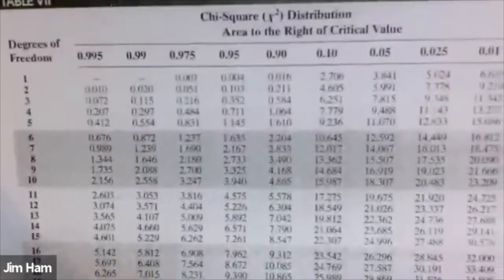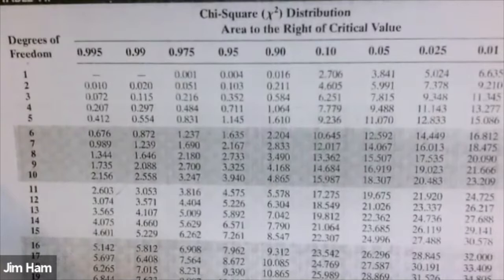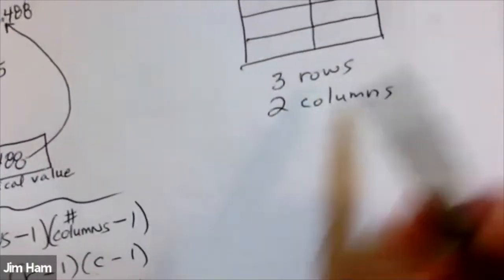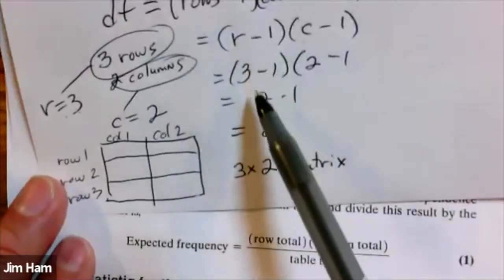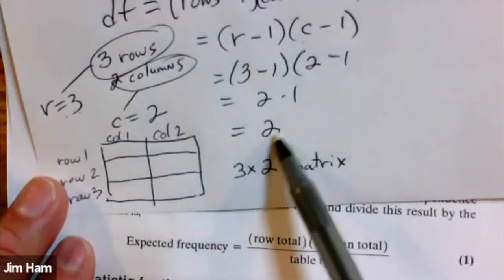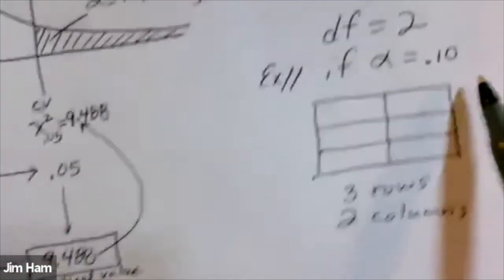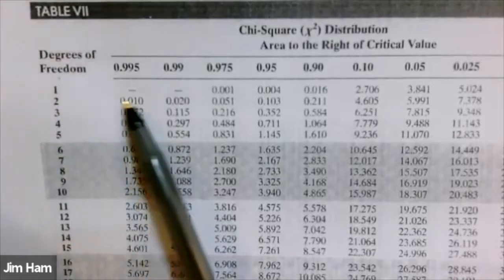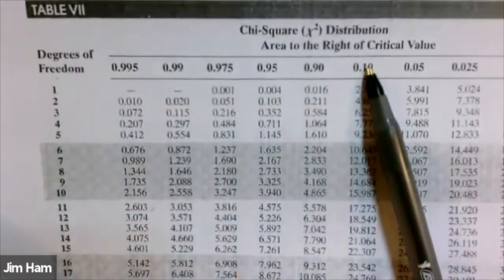All right, let me give you the grid back. There it is. What is the critical value? A couple of answers there. Remember, if we have 3 rows and 2 columns, the degrees of freedom is going to be 2. So take to the table, the degrees of freedom is 2. And if you have alpha equal to 0.10, what's the critical value? So here's degrees of freedom 2, and there's alpha 0.10.